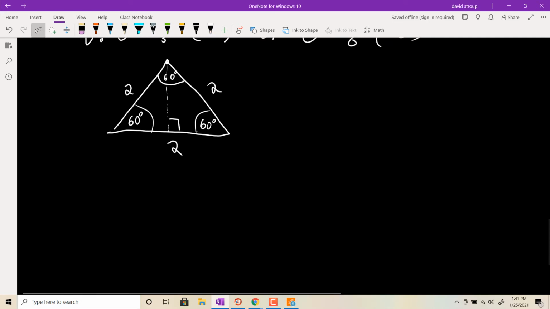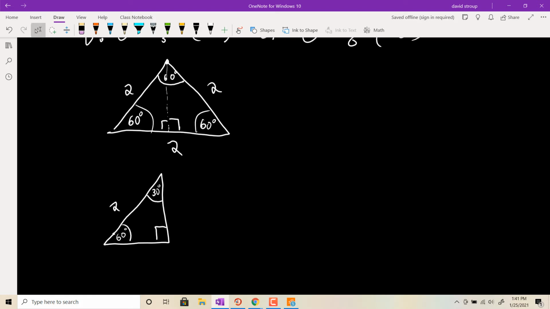We only need one of those two triangles. This side is 2. This angle is 60 degrees. This angle is now 30 degrees because we split this 60-degree angle in two. And then we have a 90-degree angle right here.